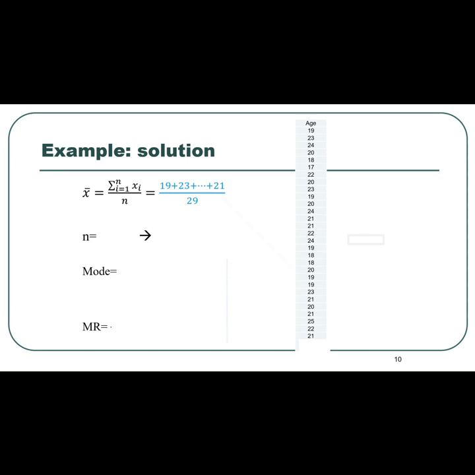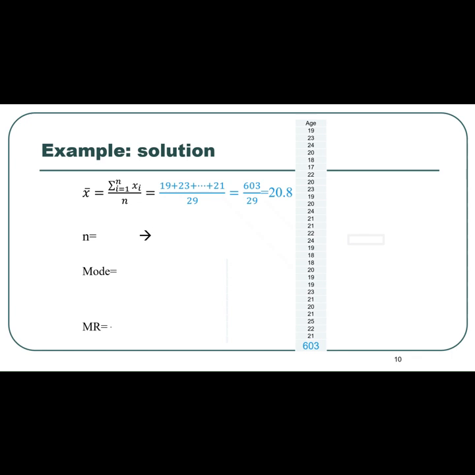These are equal to 603. So 603 over 29 would give me 20.8. So the age variable is taking on average the value 20.8. This is by definition the mean or the average for short. Arithmetic average, of course, but for short it's average.